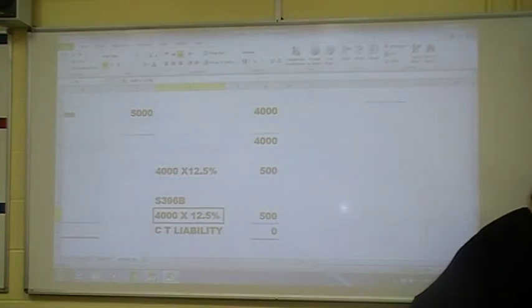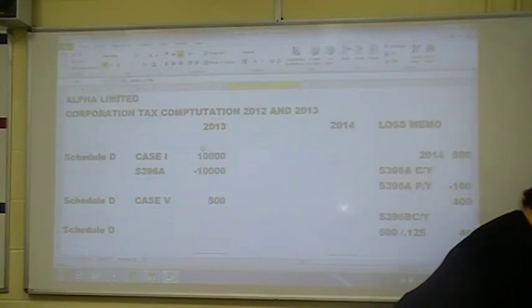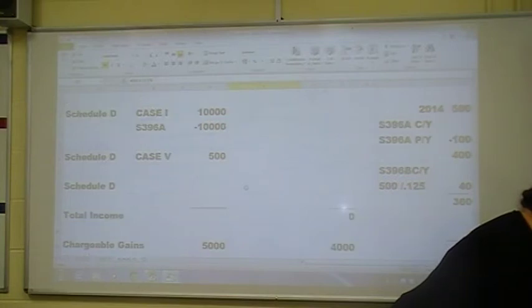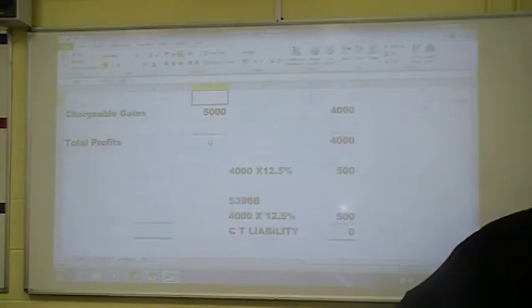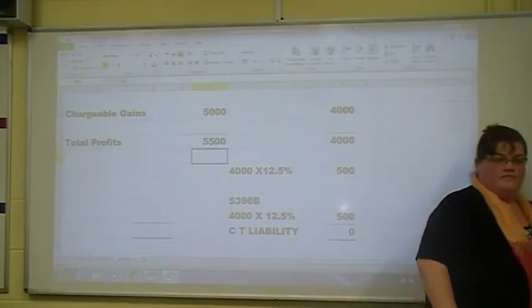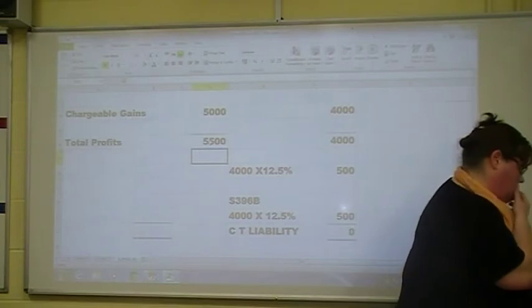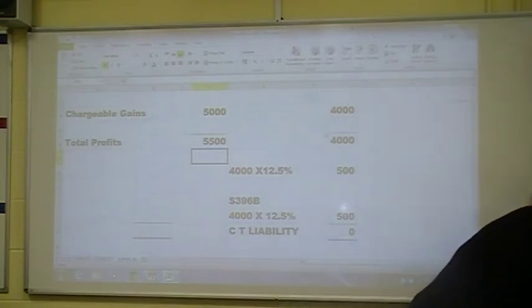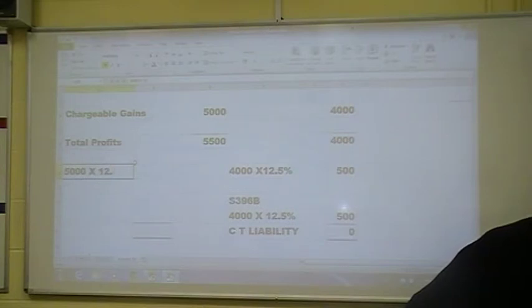So we need to go back now to our section 396B for our prior year, isn't it? But first you must calculate our tax liability for that year. So in that case we have 500 of trading income, and we're charging a gain of 5,000, giving us total profits of 5,500. Okay, so we'll have 5,000 at 12.5%.